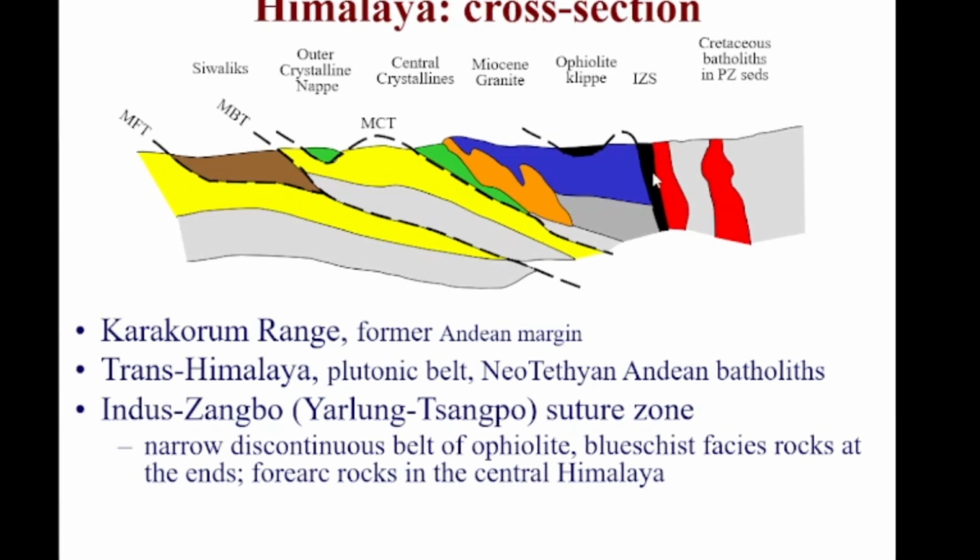And then we have some fore-arc rocks and central Himalaya, which is the blue one here. So this was from the central crystalline zone, Miocene granite, ophiolite nappes, Cretaceous batholiths.